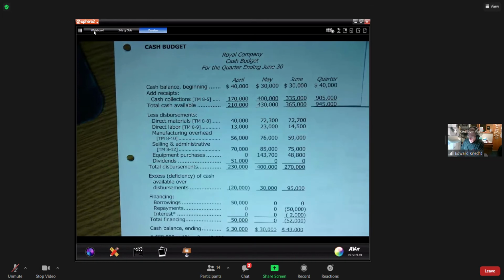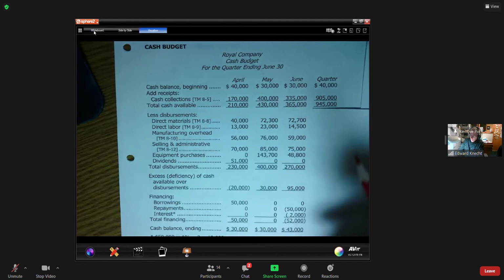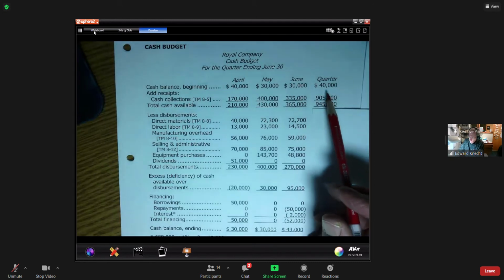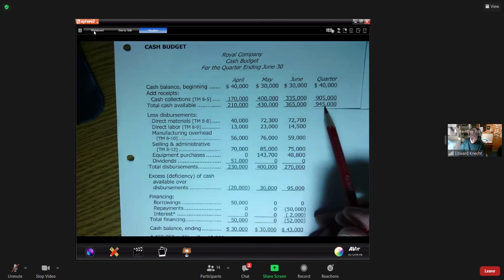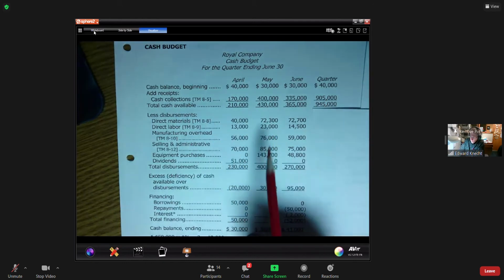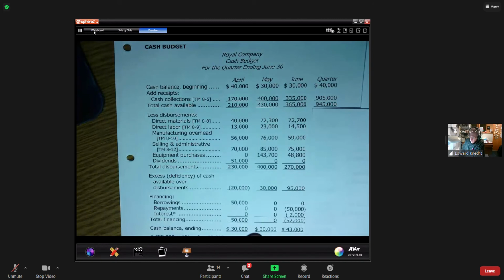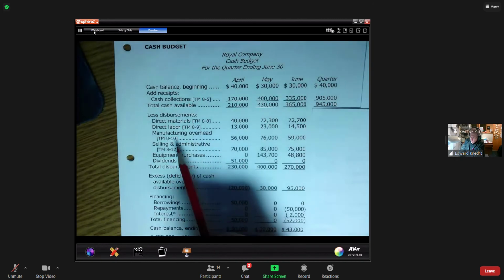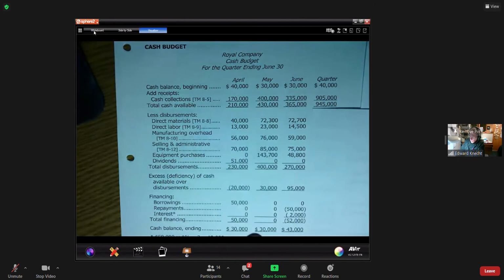The total cash available to us, we took the beginning cash balance, the cash that we expect to collect. So that's total cash available of 945,000. How about our disbursements? Notice they don't show depreciation on here because there's no cash.